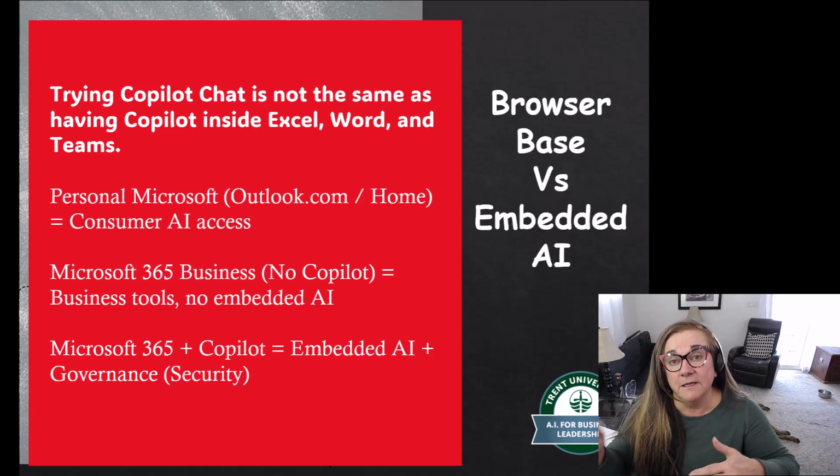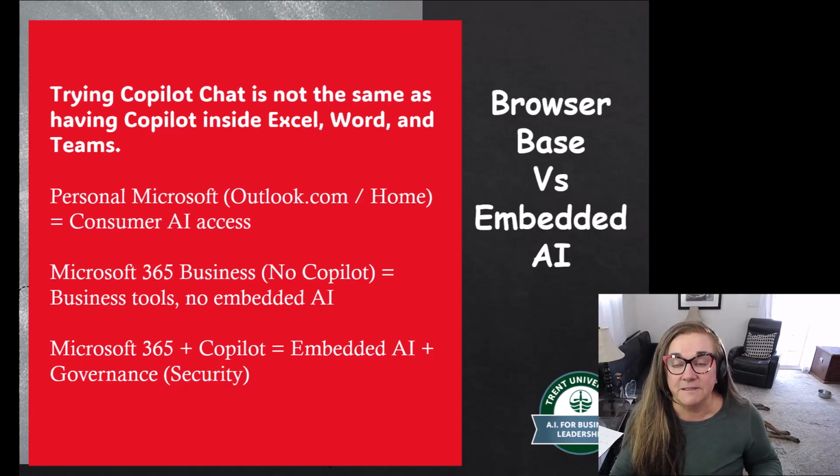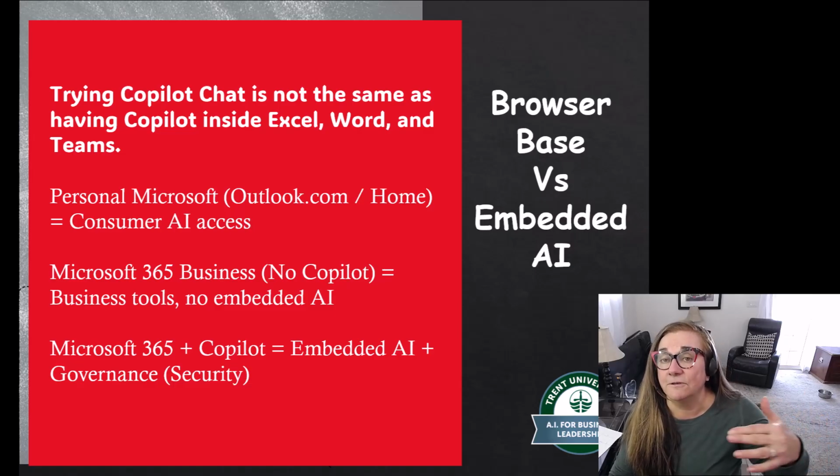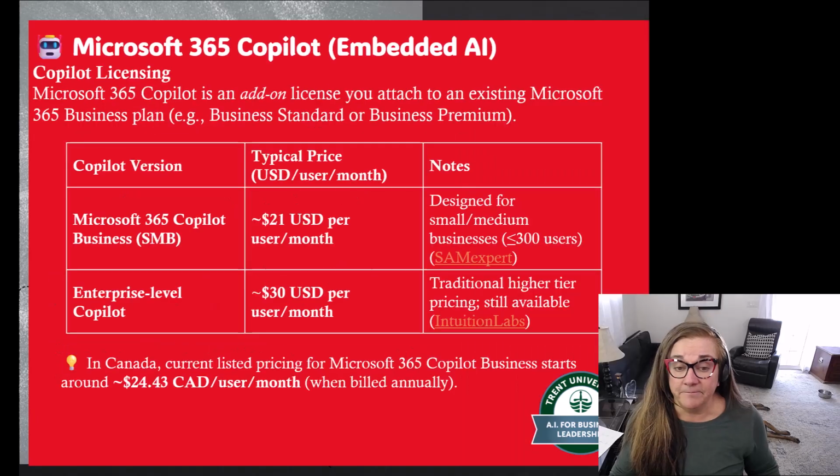That's where you've got embedded AI, and that's where your security governance process starts. That's where you're able to have the privacy and the security that you want if you are the kind of organization that needs security for your financials, for your personnel, for the IP that you're working on.